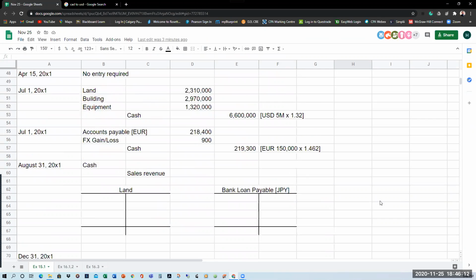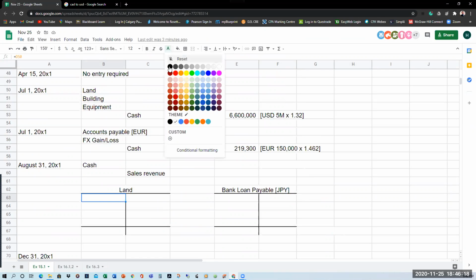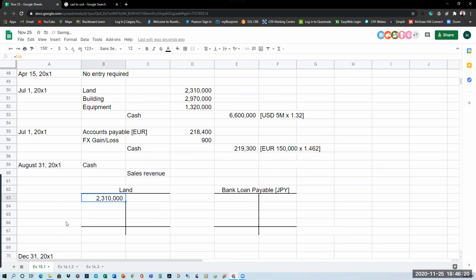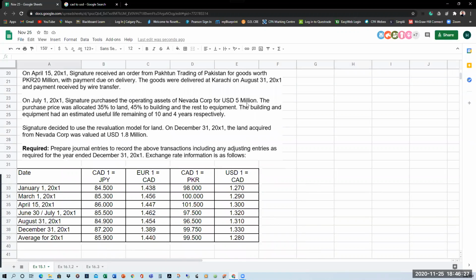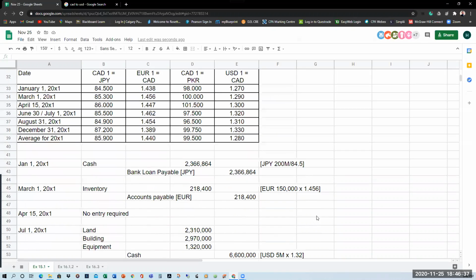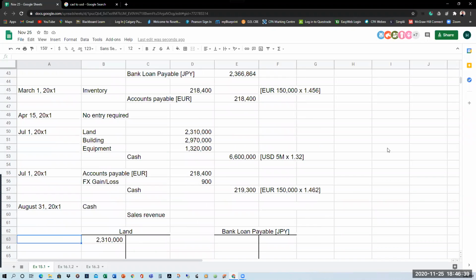So the land we had originally recorded at 2,310,000 Canadian dollars, and that was basically 35% of the 5 million US dollars, right? That's how much the US dollar conversion would have been, and then multiplied by the rate of 1.32, we got 2,310,000 in Canadian dollars.